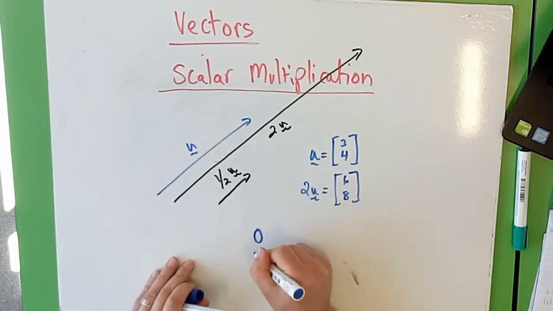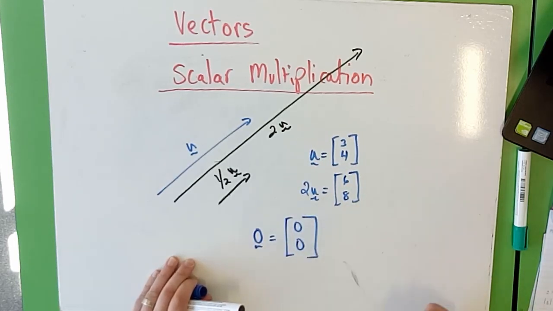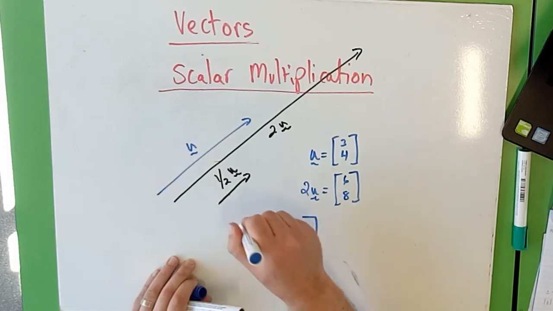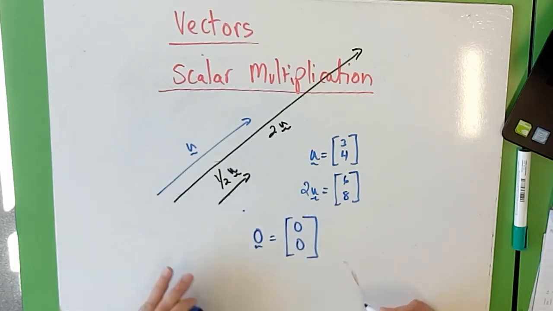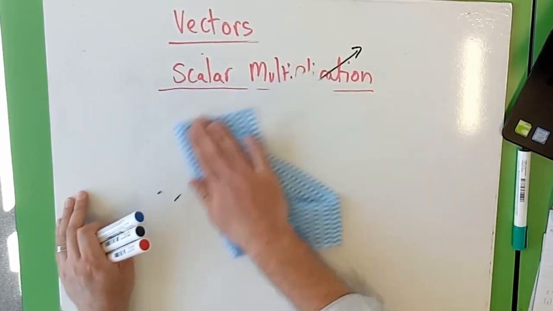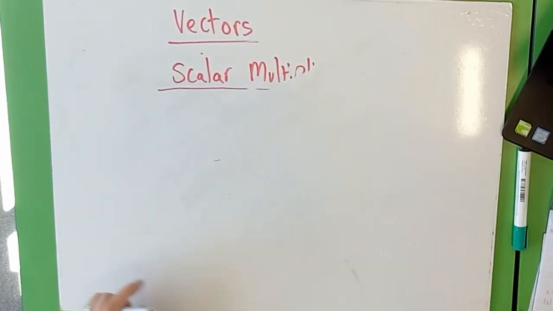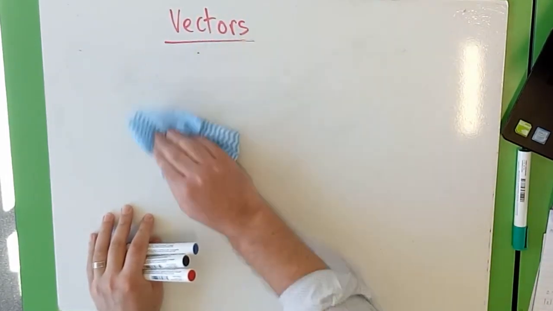The 0 vector is just going to be 0 in both the columns. How do you draw a 0 vector? There we go. Little dot. It's got no magnitude, and obviously if you have no magnitude, you can't really have any direction either. So that's the 0 vector.